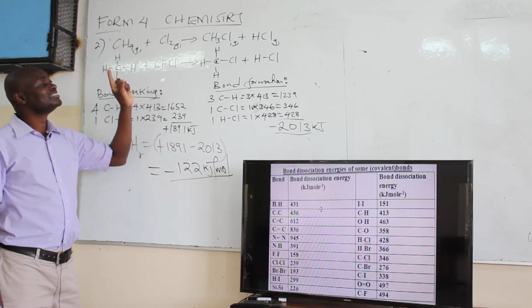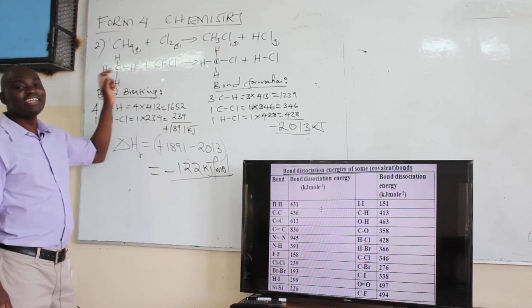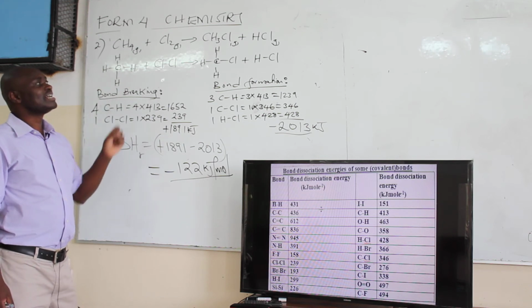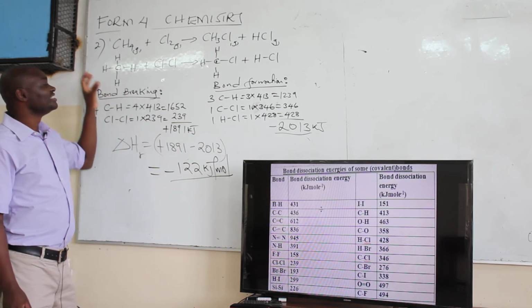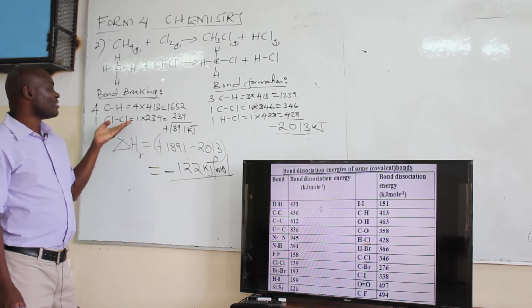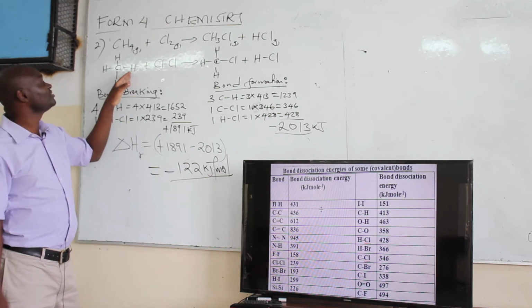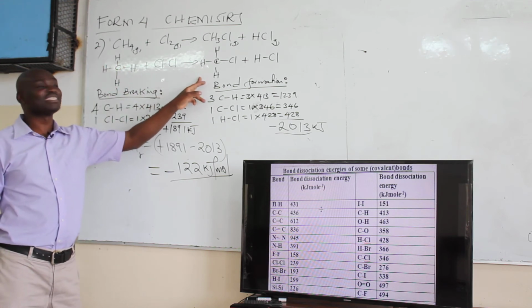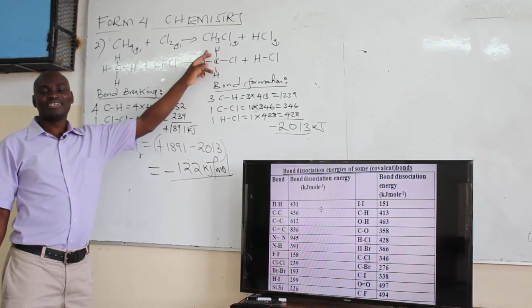Third, identify the bonds. As you identify the bonds, do not forget that the equation should remain balanced. In some cases, after doing practice, you can ignore some bonds which are not affected.